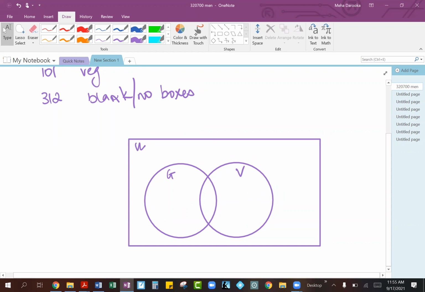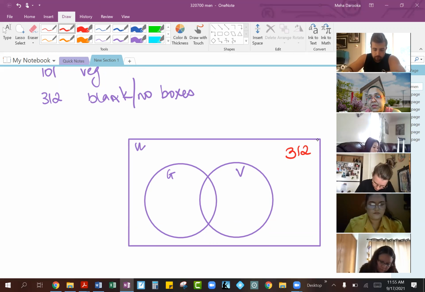The 312 will actually go outside, because since they left everything blank, they do not fall into any of the boxes. So we're going to put them outside the circles, but obviously still within the rectangle, because they're still part of those 700 total men.